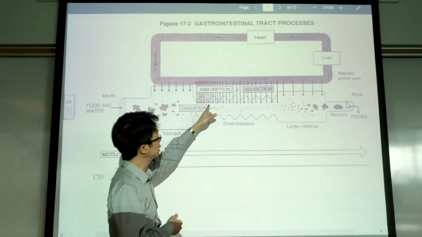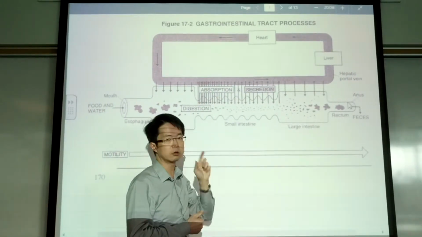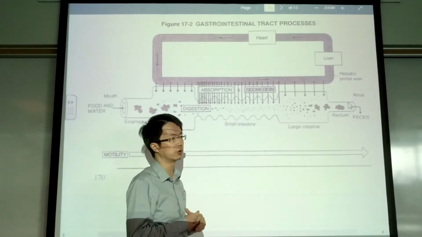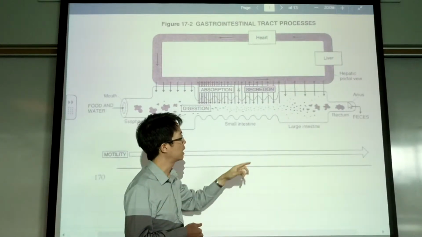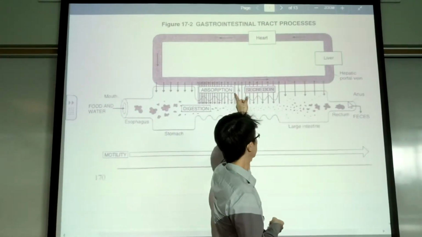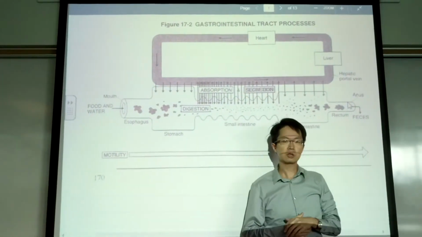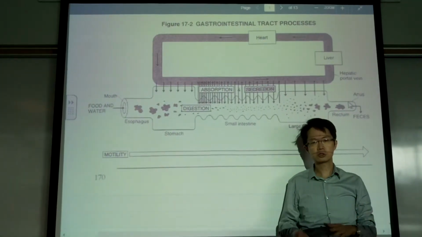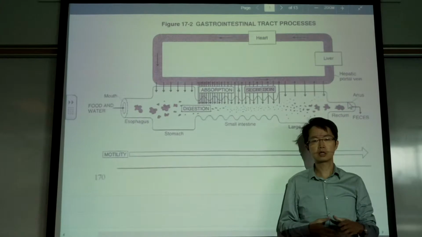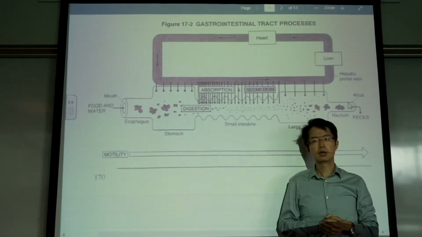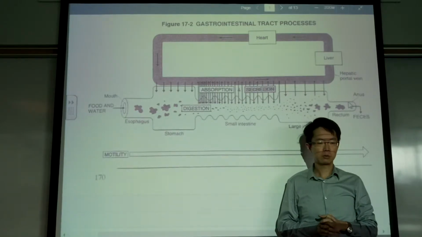And after the absorption of the monomers, the glucose and amino acid, all these nutrients will be carried by the hepatic portal vein that connects the small intestine to the liver, so that our liver can reconstruct them, or undergo dehydration to synthesize the polymer from the monomers.